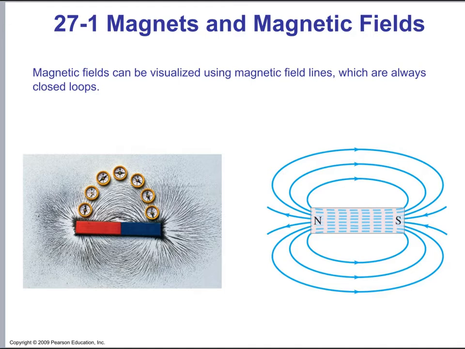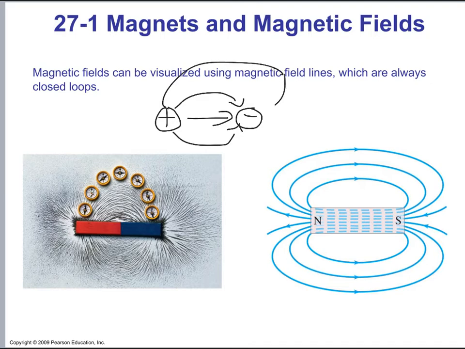In fact, if you look at the drawing of the magnetic field lines, that looks remarkably similar to the field lines that you get from an electric dipole. So, for example, we might remember that if I have a positive charge and I have a negative charge, the electric field lines look something like this. They go out around.